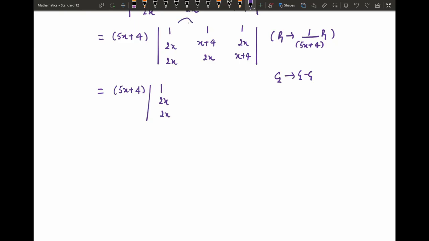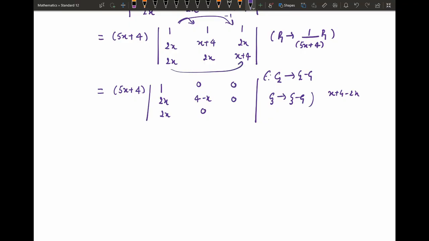Now this multiplied by minus 1, add here: 1 minus 1 is 0, x plus 4 minus 2x is 4 minus x, 2x minus 2x is 0. After this perform C3 to C3 minus C1. So now the first column is multiplied by minus 1, add in the corresponding entries of the third column: 1 minus 1 is 0, 2x minus 2x is 0, again x plus 4 minus 2x, so it will be 4 minus x. So we have performed these two column operations.